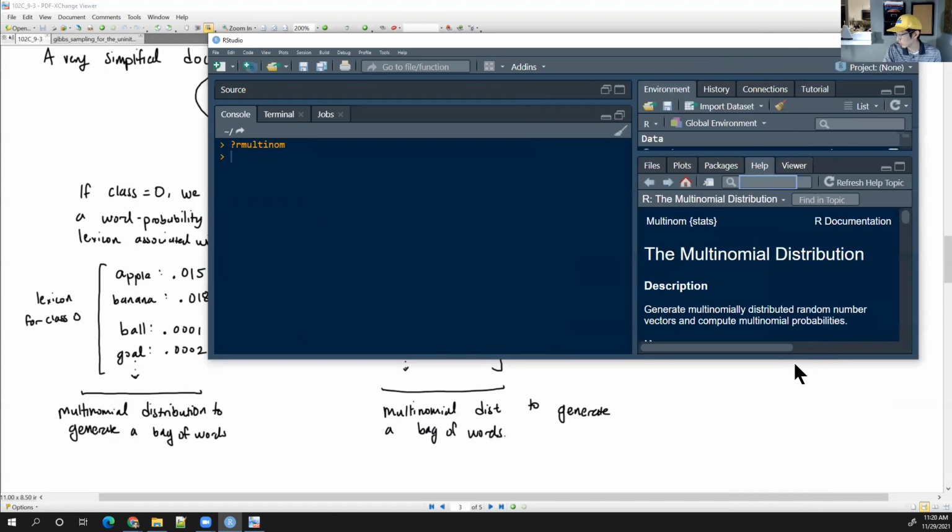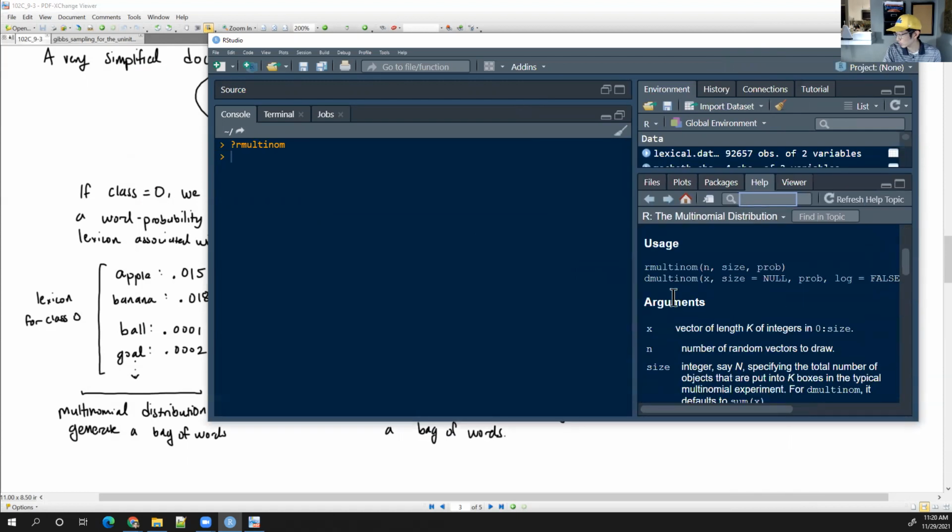R is able to generate values from the multinomial distribution. So we can say rmultinom, and I want 5 of these things. The size, we'll say 10 words, and the probabilities are going to be a vector that adds up to 1.